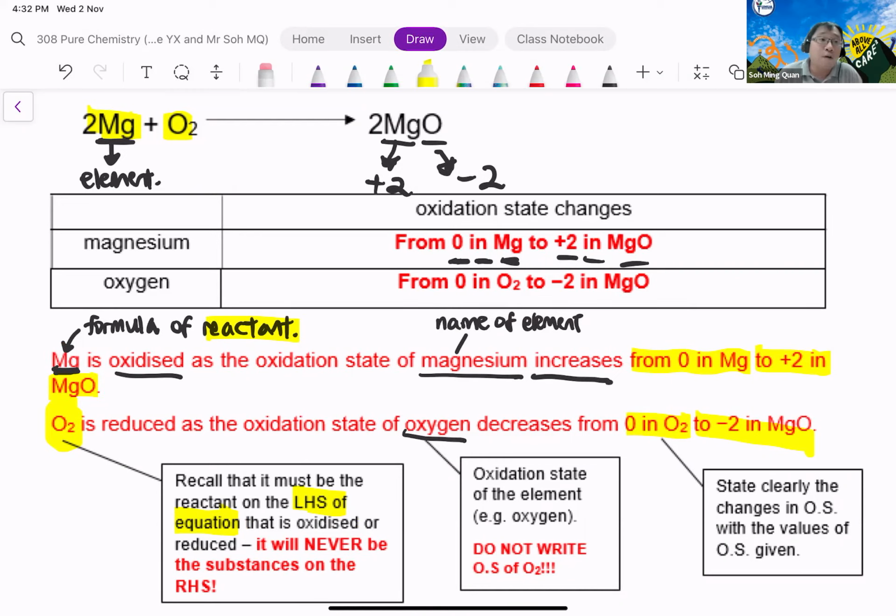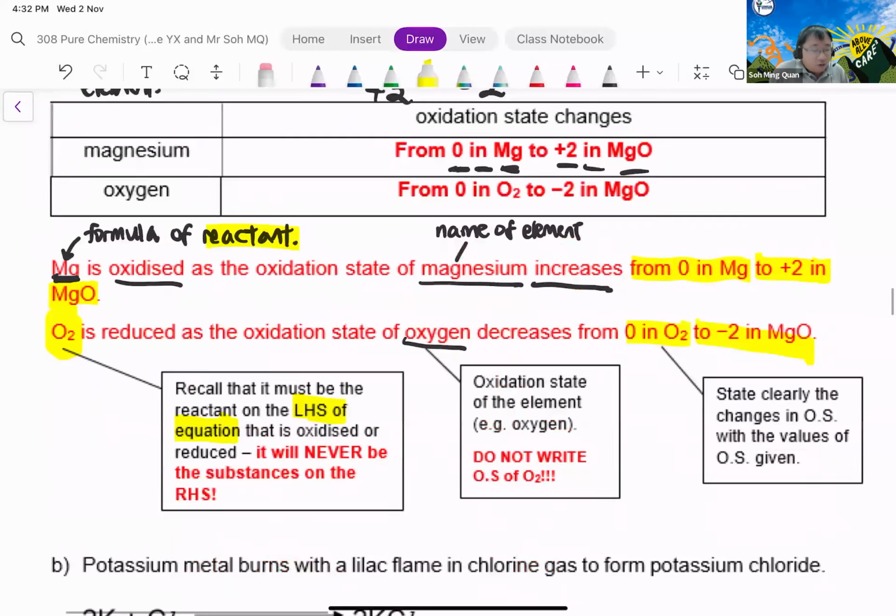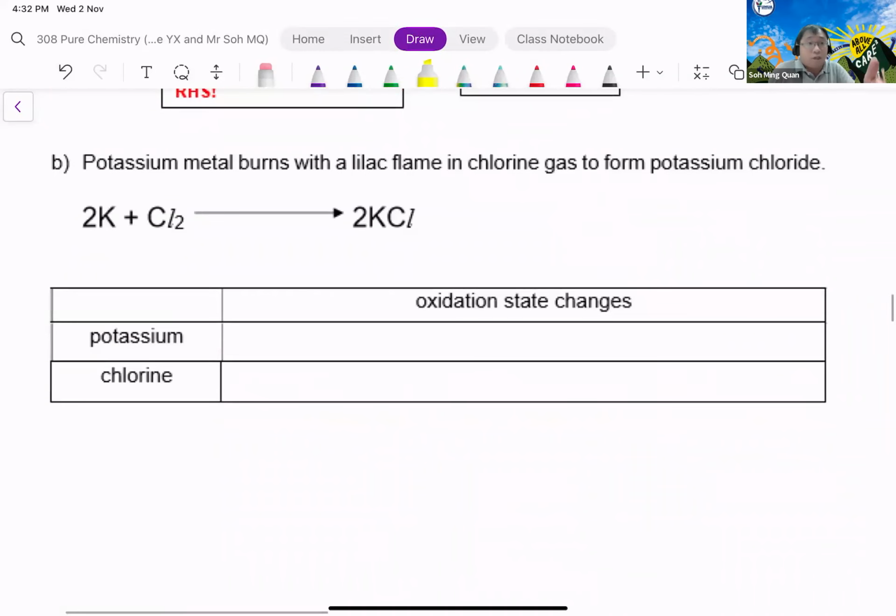Now of the 4 definitions, clearly the oxidation state definition, as well as the definition involving electrons, are the 2 that are most commonly tested. So I would strongly advise you to learn the format of the answers very, very well. Moving forward, you can try the rest of the questions yourself.